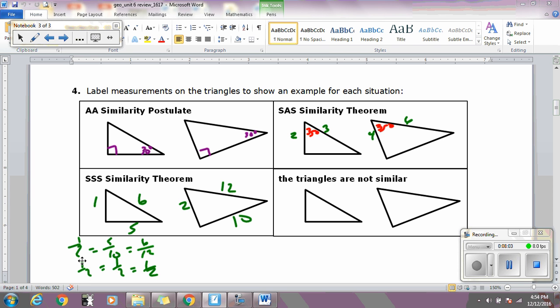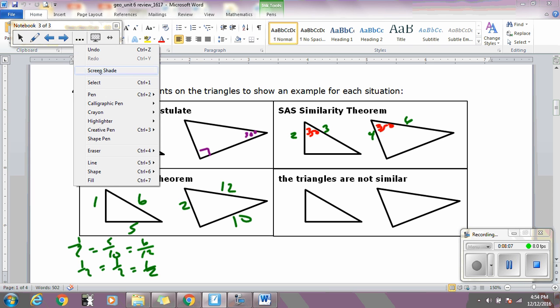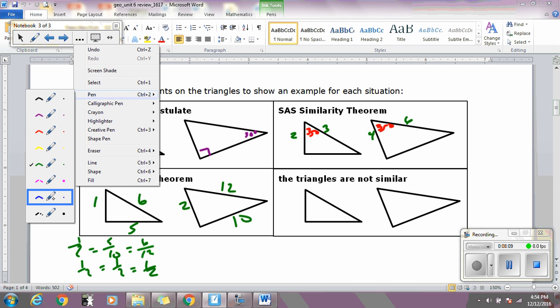And this one wants triangles that are not similar, so you can make any example up. The choice is yours.